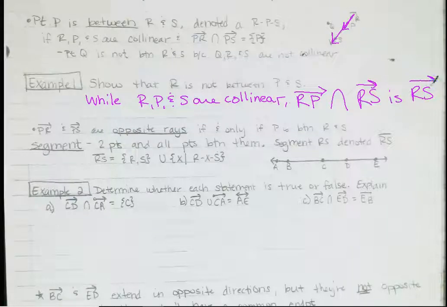Right? Those are the same. We might say that they're the same. We could say it's not set R, because the intersection is, or we could say it's equal to ray RS.